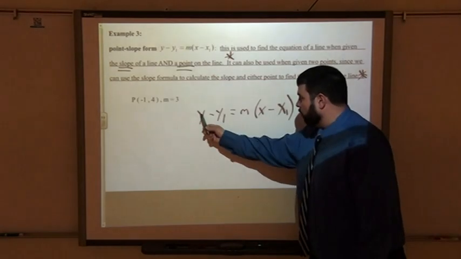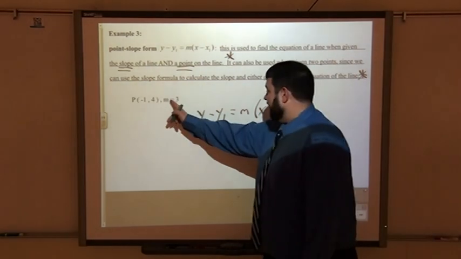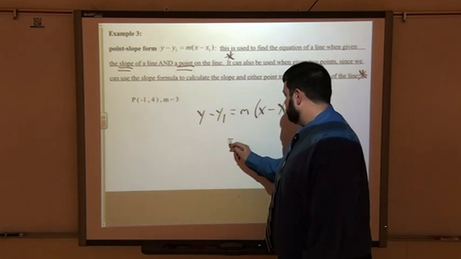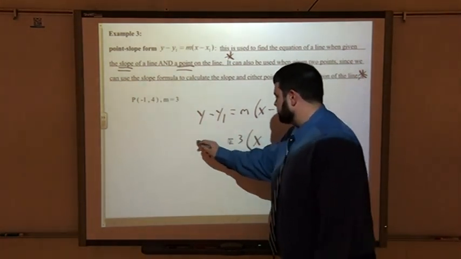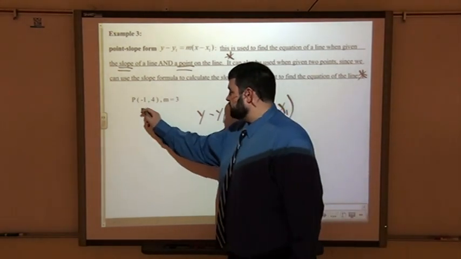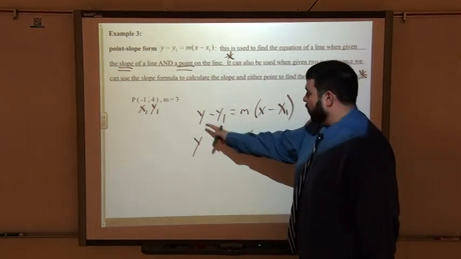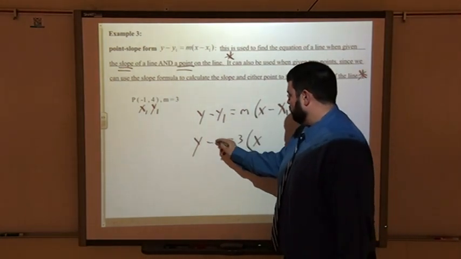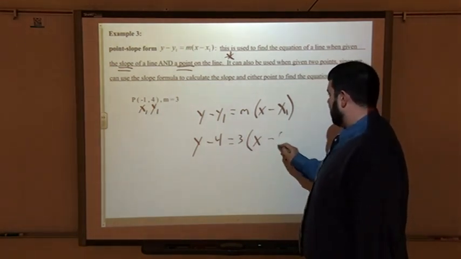So I need a plain old y and a plain old x, and I need that left alone. My slope is 3, so I'm going to go ahead and plug that in there, and we'll have the plain old x and the plain old y as we said. This point is x1, and that's y1.